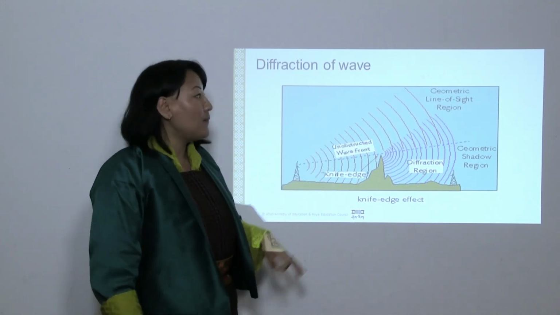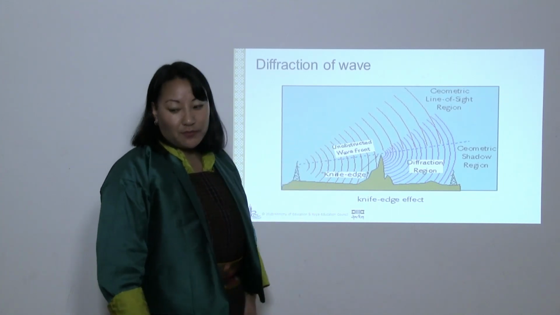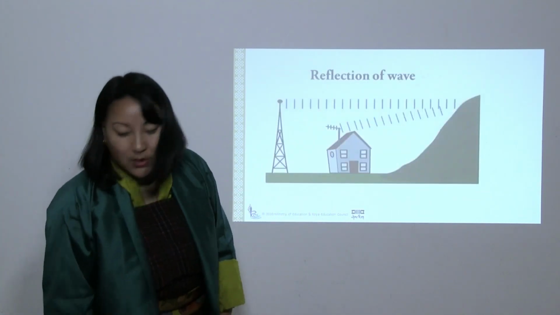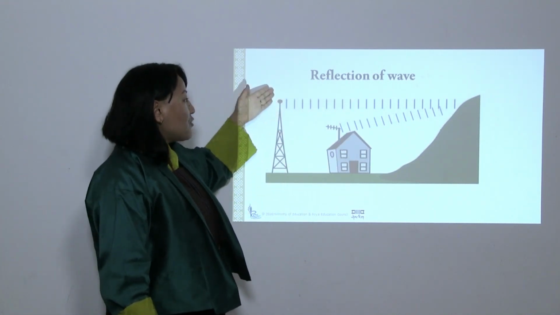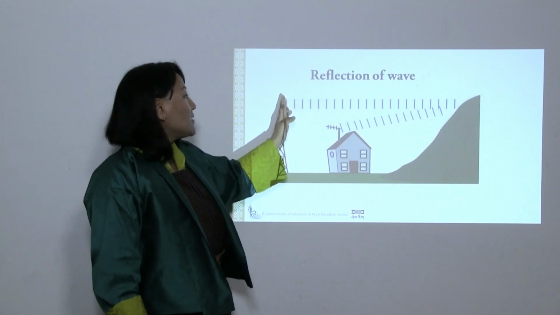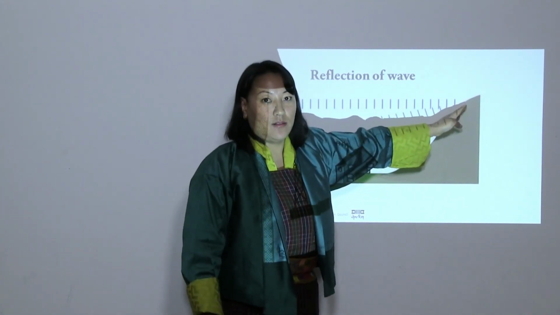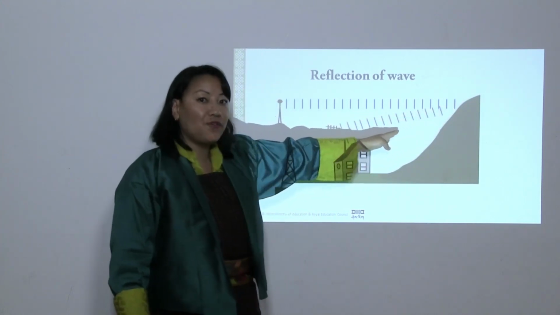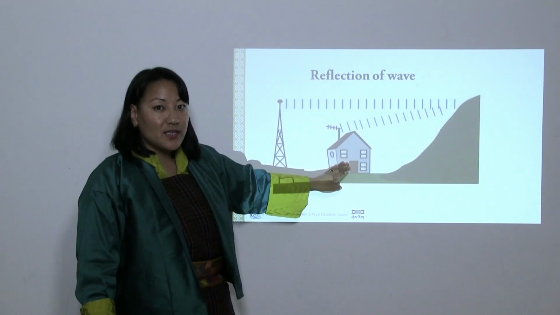Because of this reason, microwaves and radio waves are used for communication. So this is the reflection of wave. The signal from the antenna of this tower strikes this obstacle, and finally it gets reflected, and that's how it reaches the receiving antenna.